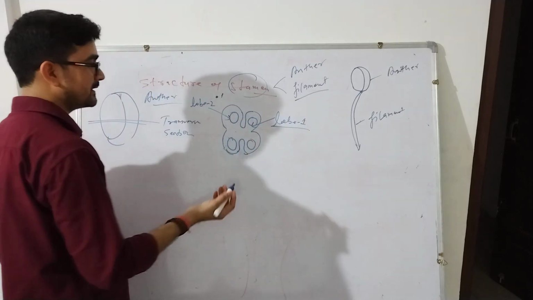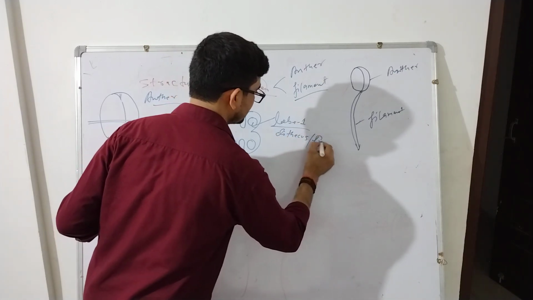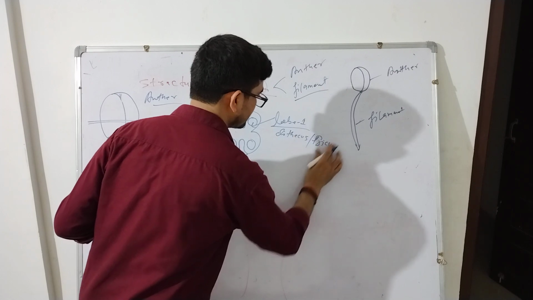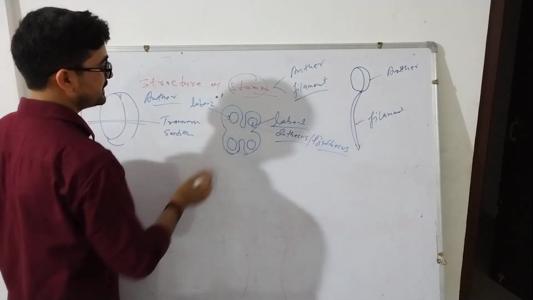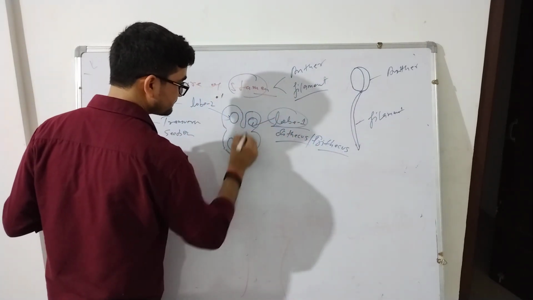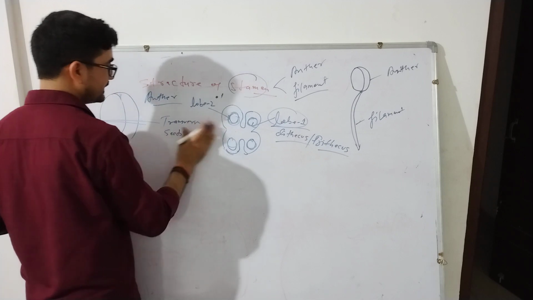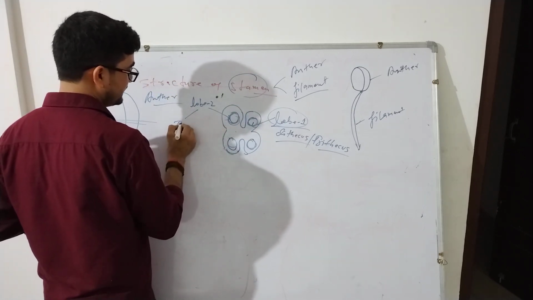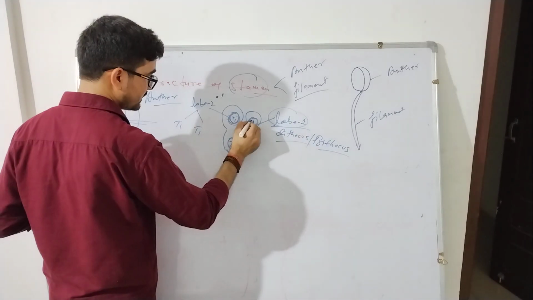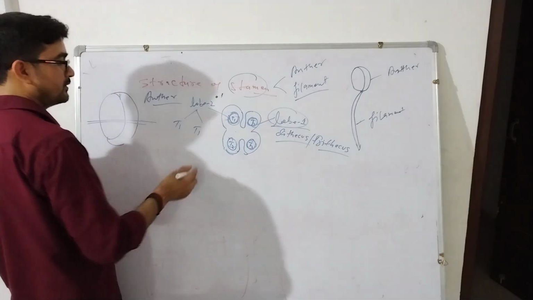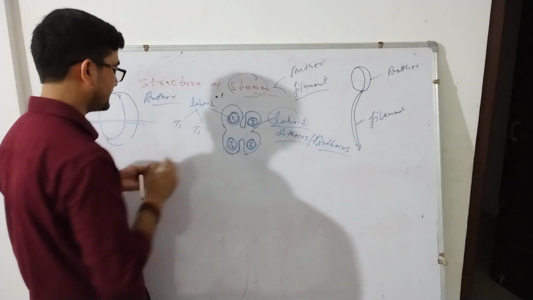So there are four thecae. So the anther is bithecous. Why bithecous? Because in each lobe there are two thecae, and the other lobe has two thecae. We can write T1, T2, T1, T2. So in each anther there are four thecae.